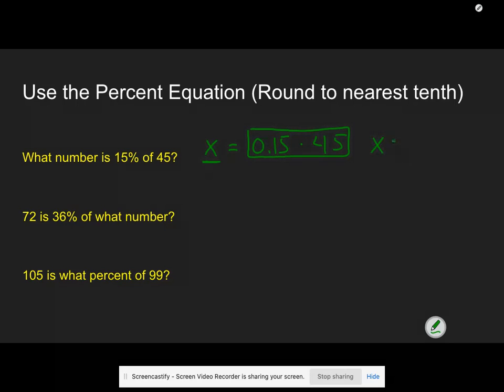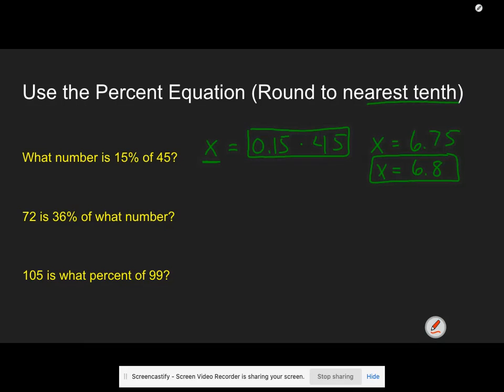And when I do that, x equals 6.75. But if you notice here, I put round to the nearest tenth, which is one place past the decimal. So my final answer will be 6.8. It is okay to have a decimal answer. You need to feel comfortable with that. The world is not just full of whole numbers.